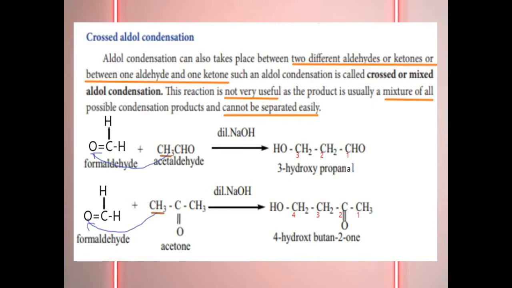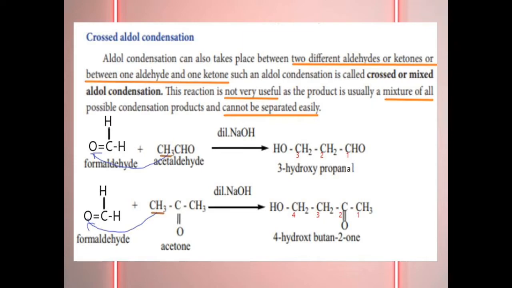Now see the reaction. Formaldehyde is added to acetaldehyde in the presence of dilute sodium hydroxide. One of the hydrogens from acetaldehyde, which I indicated in brown color, goes to the oxygen of formaldehyde, so that we get the product 3-hydroxypropanal. In the same way in the next reaction, one of the hydrogens from acetone, which I indicated in brown color, goes to the oxygen of formaldehyde.